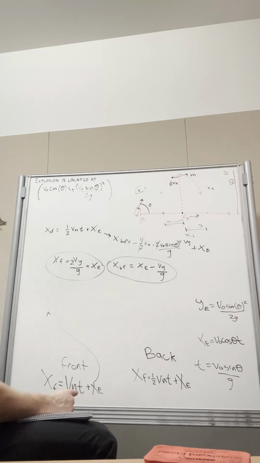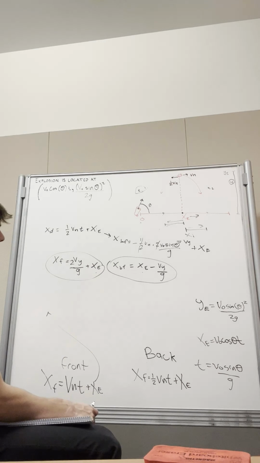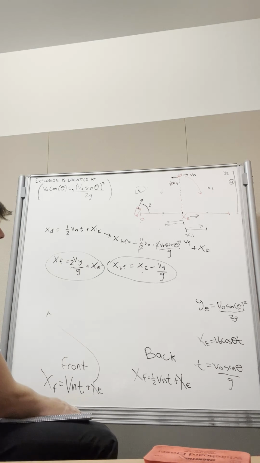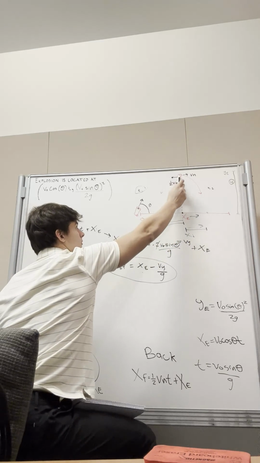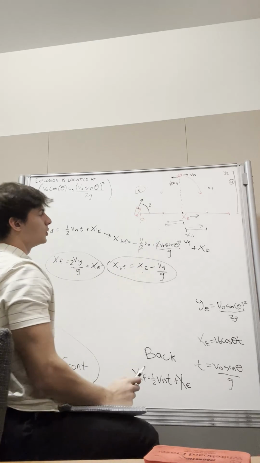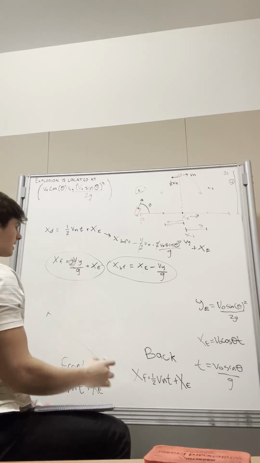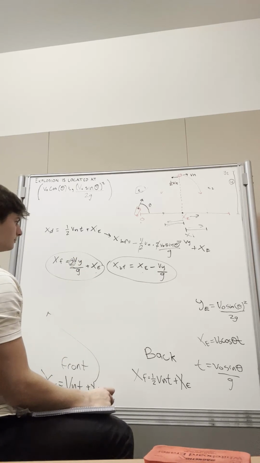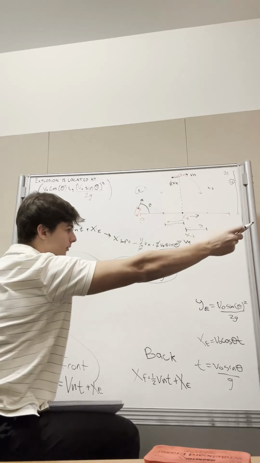All right, let's check to see if these two answers make sense. Well, they both have the x position of the explosion. That makes sense because that's where they started. Right here, they're starting here, one's going forward, one's going backward. The one that's going forward is 2 times the velocity of the one going backwards. That makes sense why there's a times 2, and this one doesn't have a times 2. Now this one's going forwards.